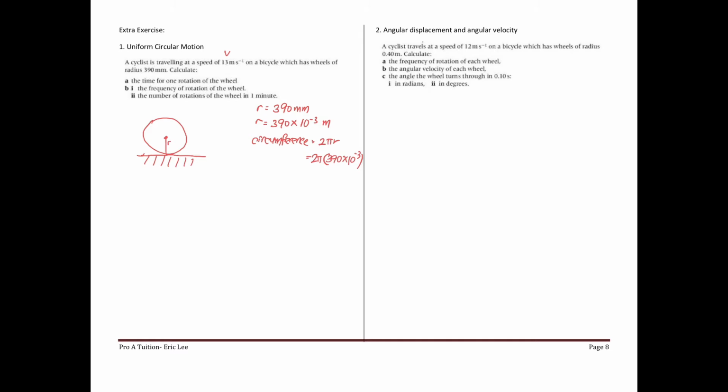So let's see the relationship between the circumference and the distance traveled. Imagine that the bicycle wheel turns one complete round. When it moves one complete round, the bicycle will at the same time move forward by one circumference.